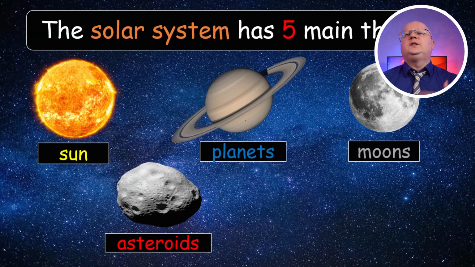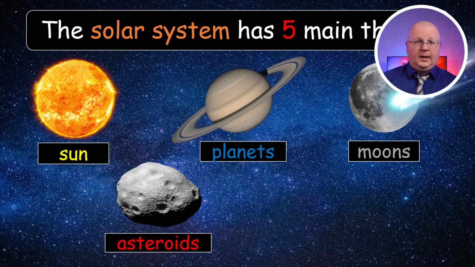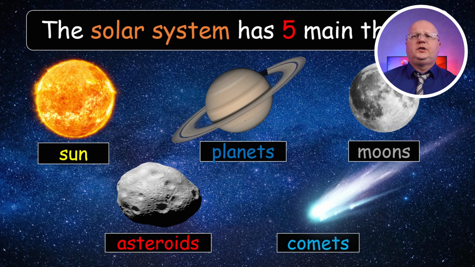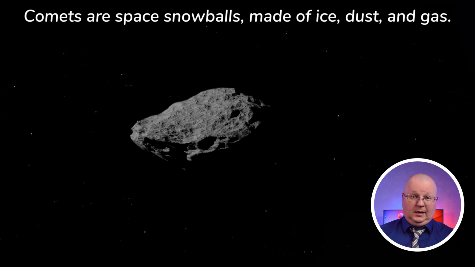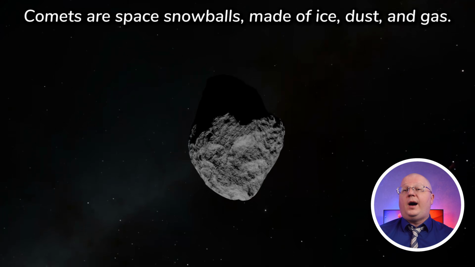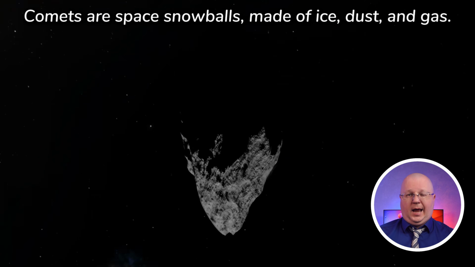Finally, what is the fifth object in the solar system? It's comets. Show the video about comets, explaining that they are made of ice, dust, and gas.